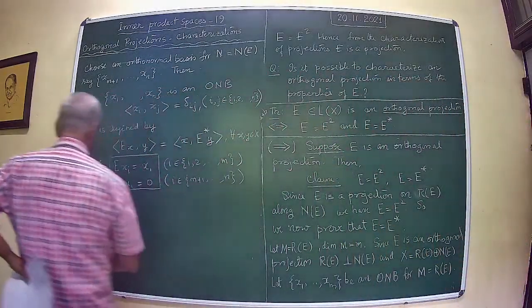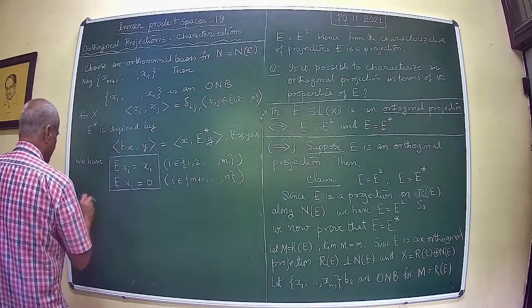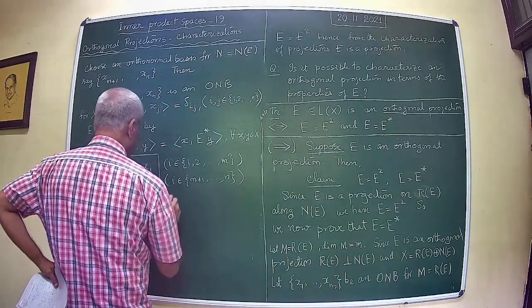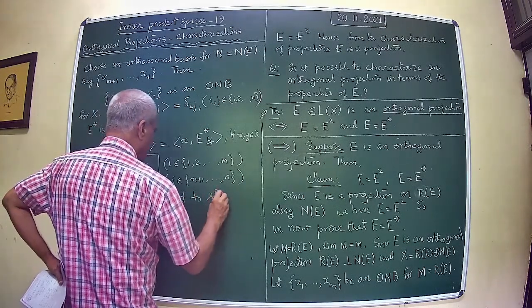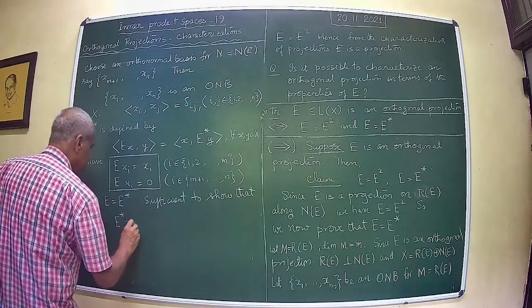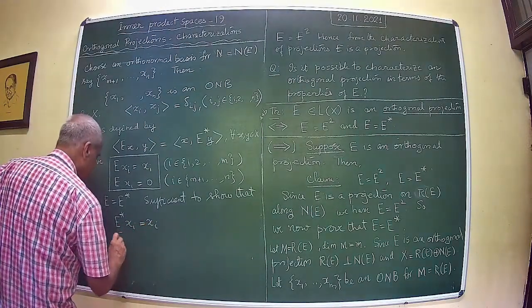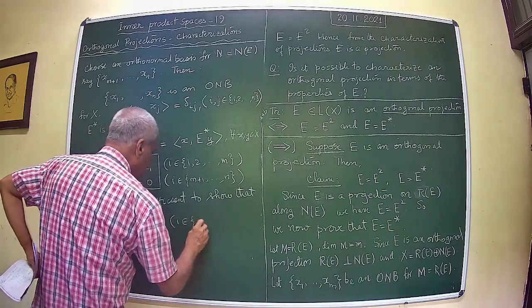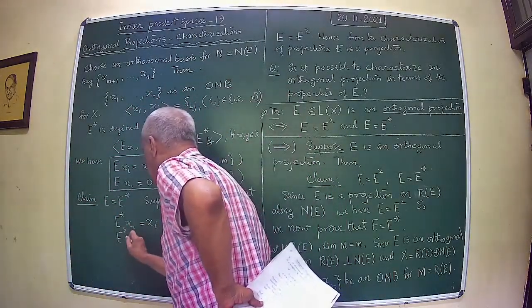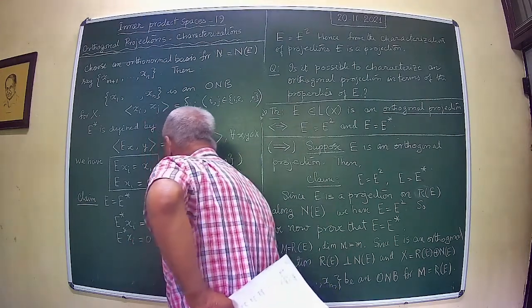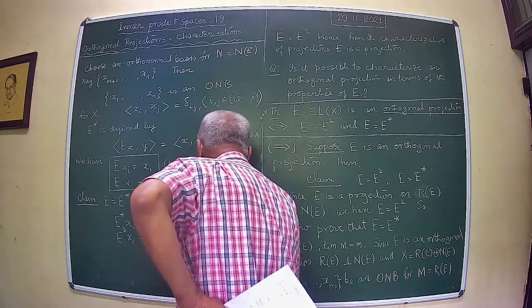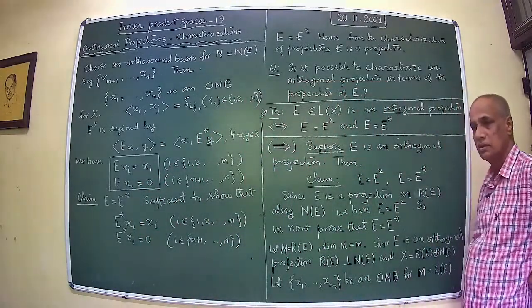Now what we want to show is that we claim it is sufficient to show that E star of xi equals xi for i in 1 to m, and E star of xi equals 0 for i in m plus 1 to n.